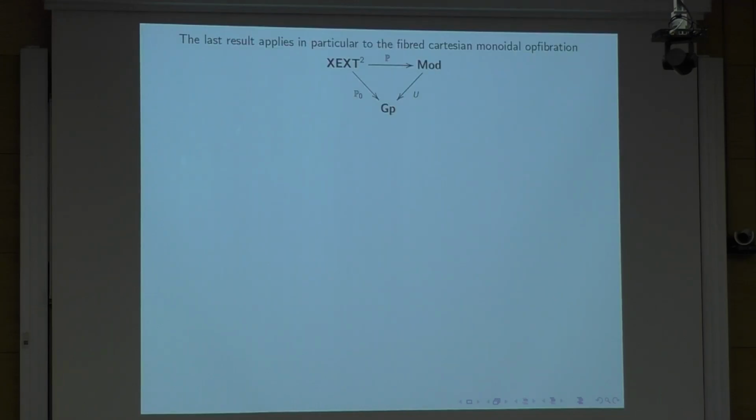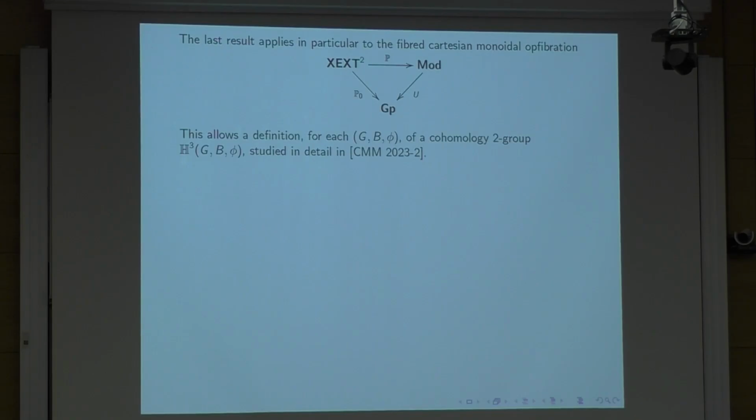So the last result applies, of course, since it was our starting idea, to the fiber Cartesian monoidal opfibration given by crossed extensions in groups.